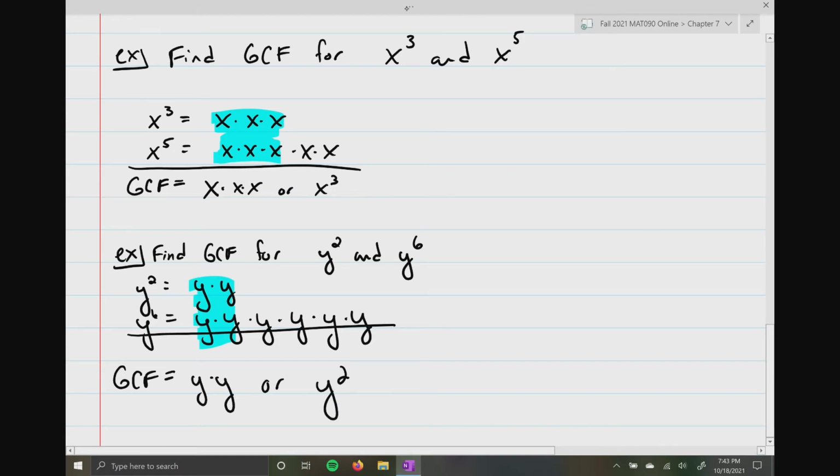And in red, here is the thing that kind of is going to make our lives so much easier. Let me write it like this.